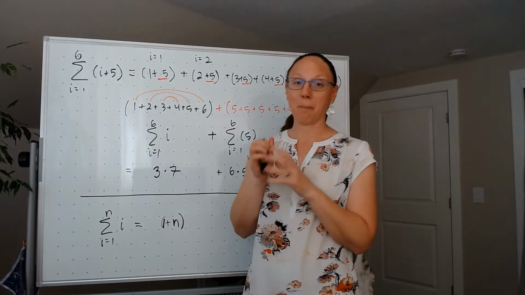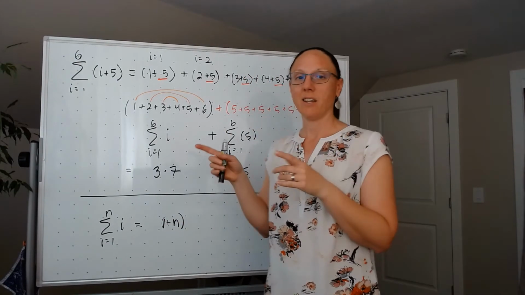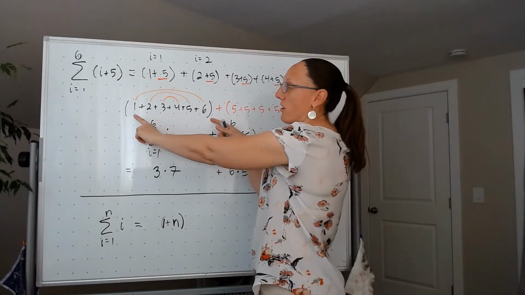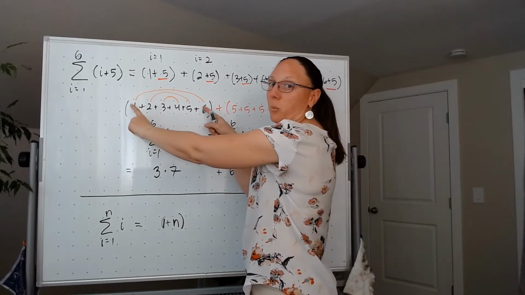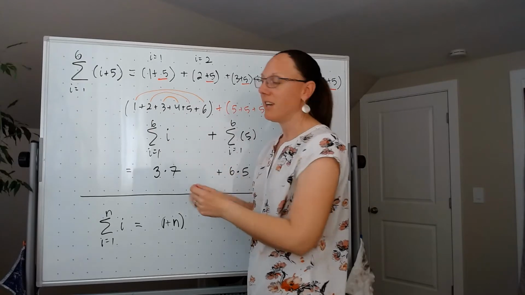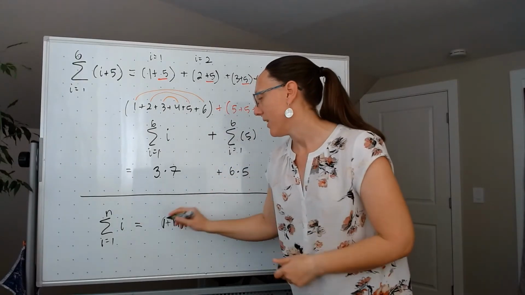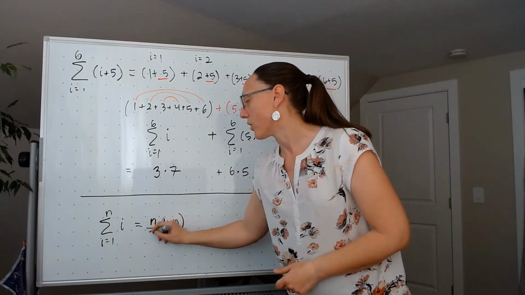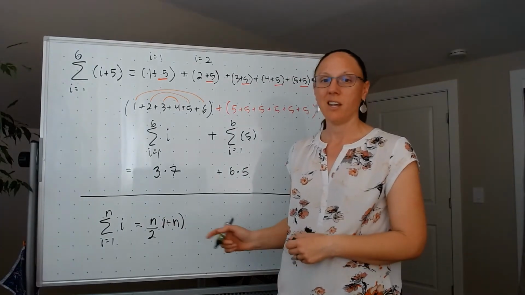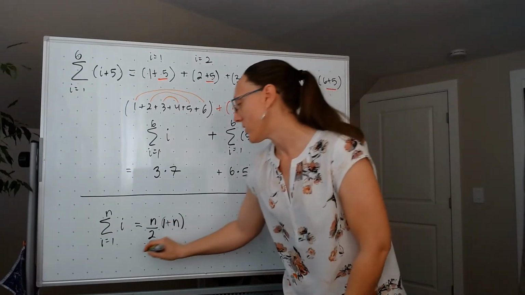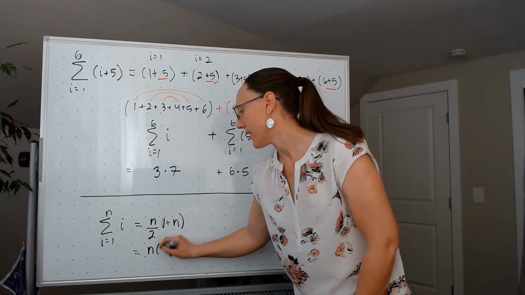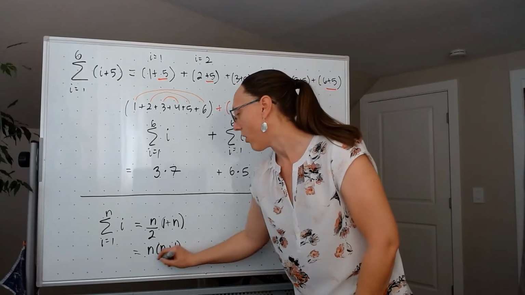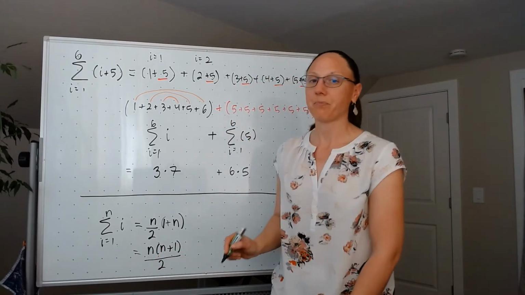And I multiply that by the number of pairs we had. Well, if I had 6 terms, then that turns into 3 pairs. And if I have n terms, that turns into n over 2 pairs. This formula in our textbook is usually written as n times n plus 1 all over 2.